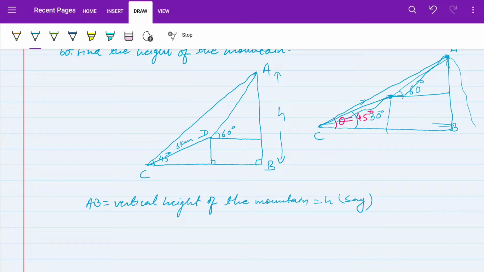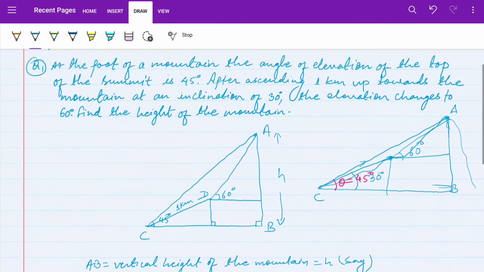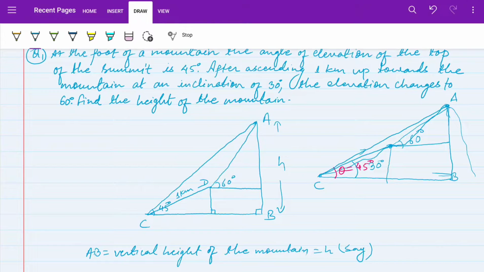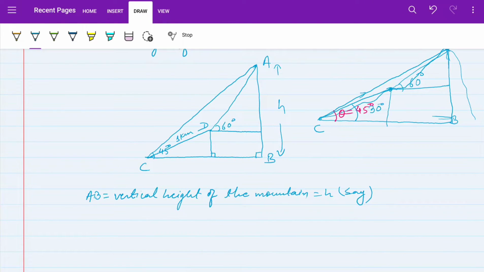Now this CD is the distance along the mountain, because you ascended along the slope, so that is the slope distance from the foot, that is C, to D, that is 1 kilometer here. So now we have to determine the height of the mountain.